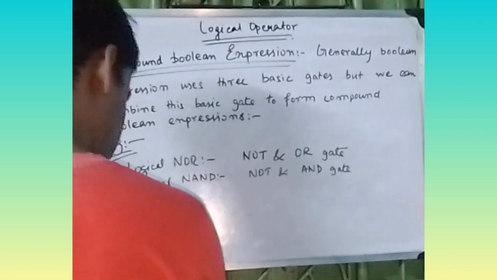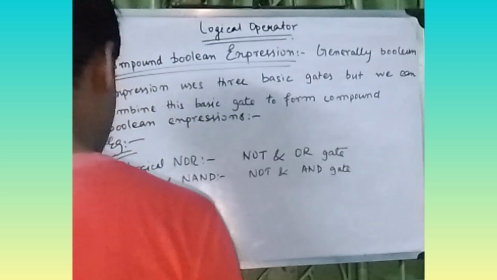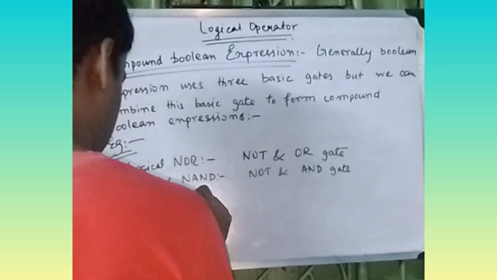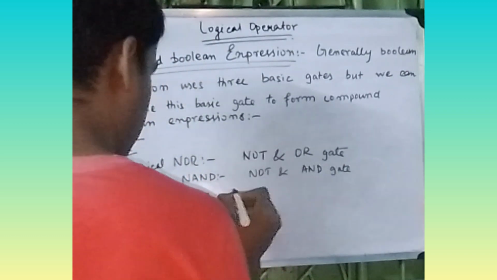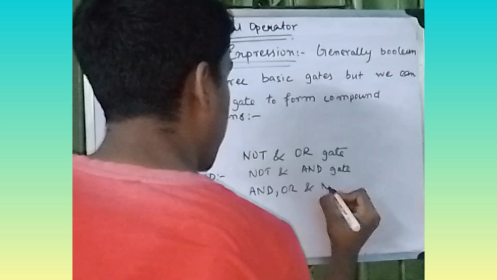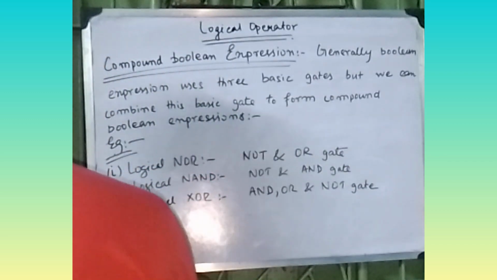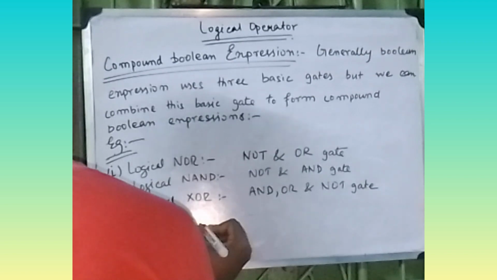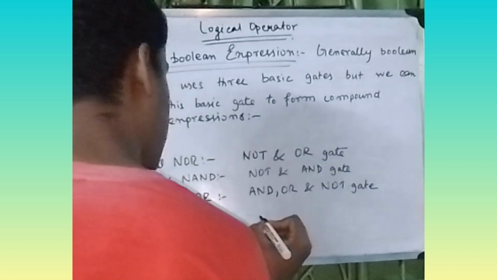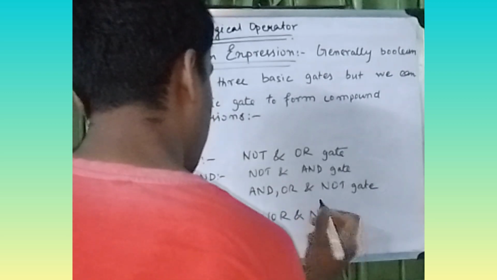It is also known as exclusive OR. It is formed by AND, OR, and NOT operators. And lastly, the last one will be logical XNOR, which is formed by the combination of XOR and NOT operators.